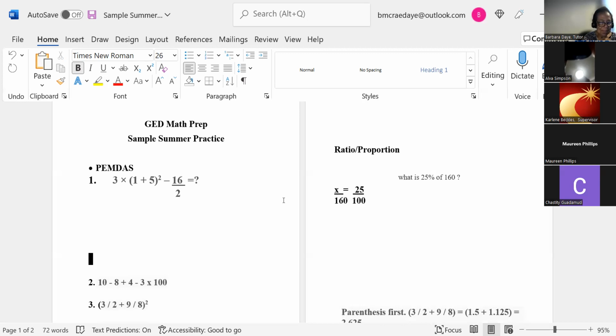Then what do you do next? Exponent and then you multiplication. That's right. So you're gonna multiply the 3 by 6, right? You've got an exponent there, Alva.